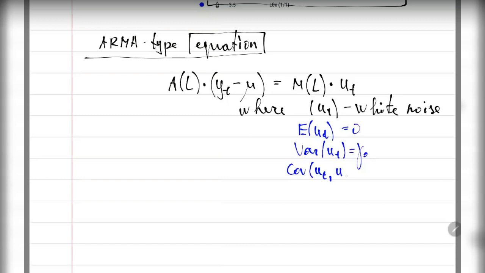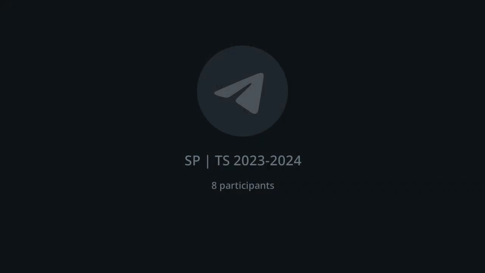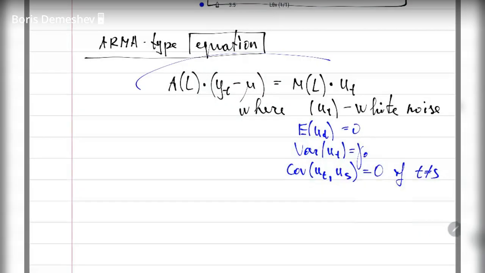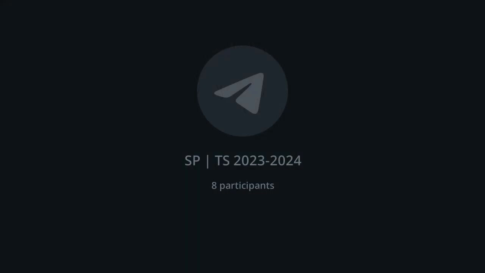Covariance of UT and US is equal to 0, provided that T is different from S. Because if T is equal to S, we will just get the variance.